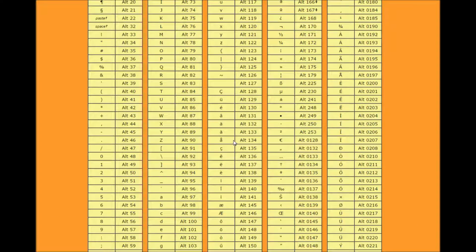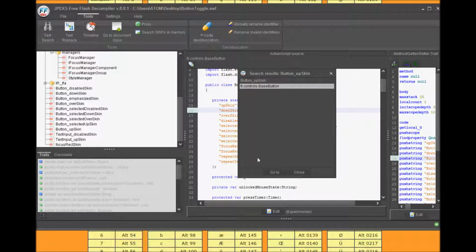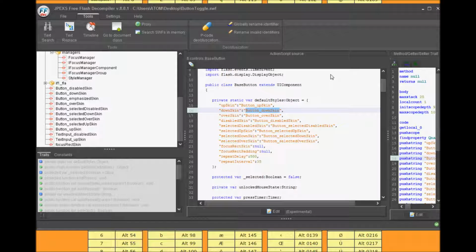So look for something. I'll probably use this with the U or the E. Maybe this. So we'll copy that, and we'll go down. You can see the name of this class right here is button underscore upskin.